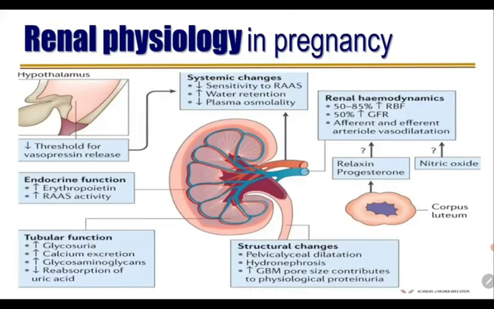Okay, what is the renal physiology in pregnancy? First of all, in the hypothalamus there will be a decreased threshold for the release of vasopressin. Because of the decreased threshold for vasopressin release, systemic changes will happen, with decreased sensitivity to the renin angiotensin aldosterone system, which normally maintains plasma osmolality. This will cause increased water retention and decreased plasma osmolality.